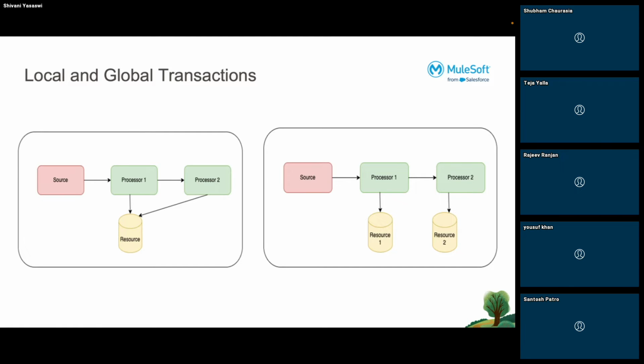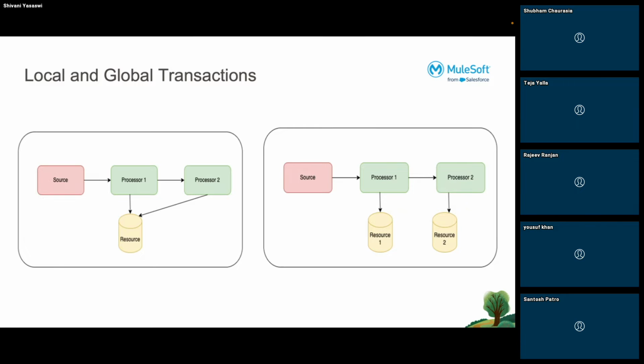But coming to a real world scenario, it's not always that you use only one resource, right? You can have a flow in which the event processors that are a part of your flow can interact with more than one resource.